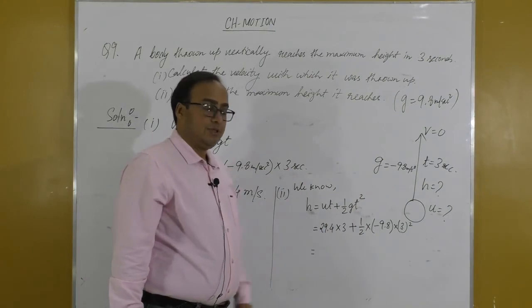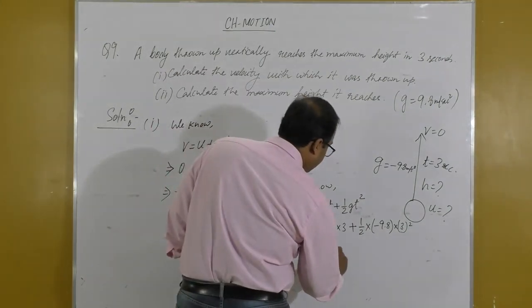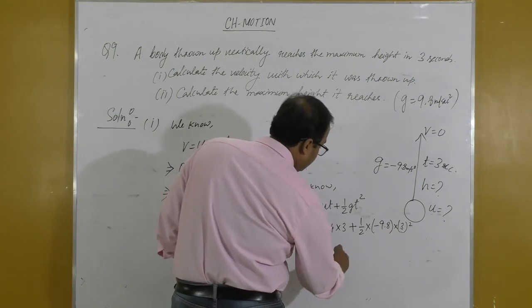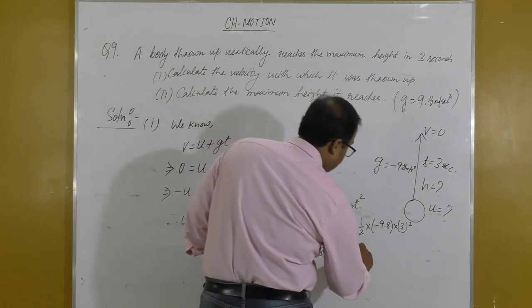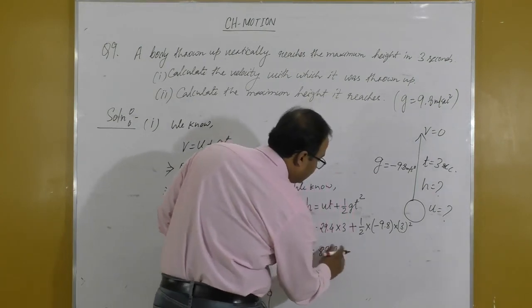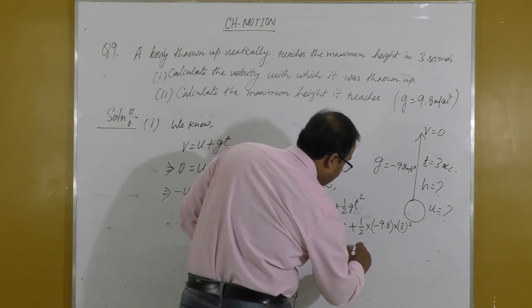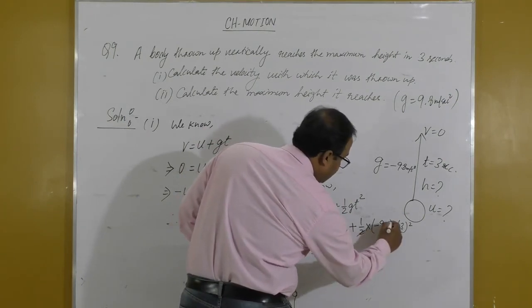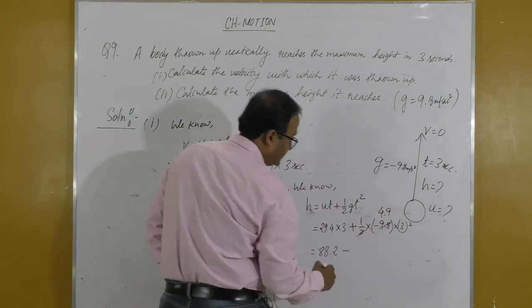29.4 into 3, if you multiply, you will get 88.2 plus. Here we can write the minus sign, plus into minus is minus. If you divide and cancel, you will get 4.9.